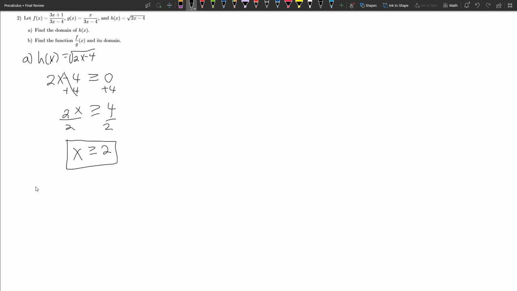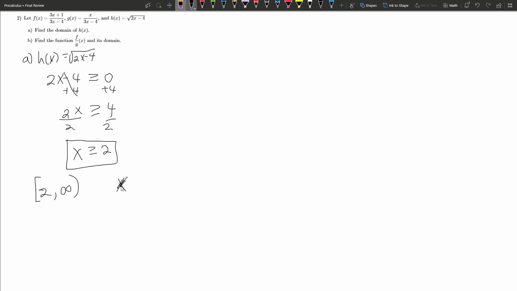If you wanted to write this in interval notation, then it would be all the numbers from positive 2 going all the way to positive infinity and beyond. And if you wanted to write this in set builder notation, then, well, I guess this is just it. x is more than or equal to 2.